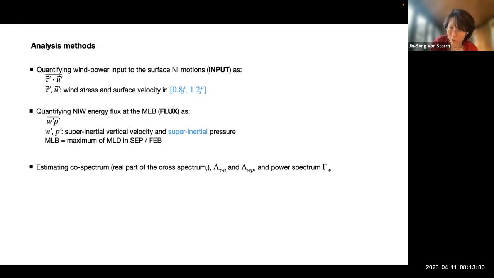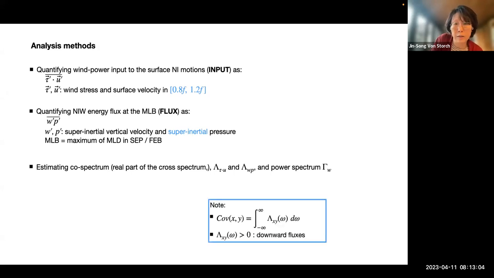We think the vertical velocity will reflect lots of wave features. Just to remind you, the co-spectrum decomposes the total covariance between two variables, and the co-spectrum is defined as positive when showing downward flux. Then you have a positive co-spectrum.